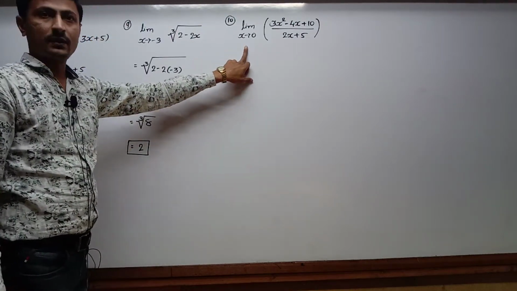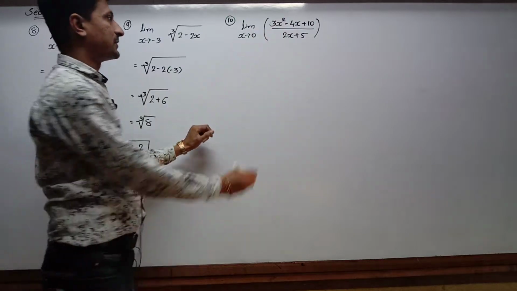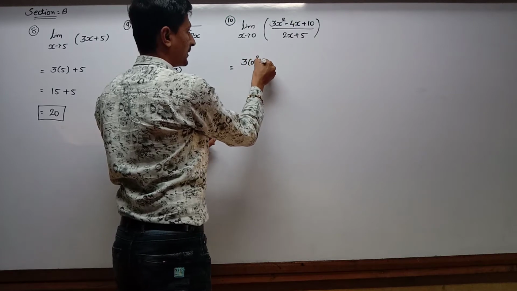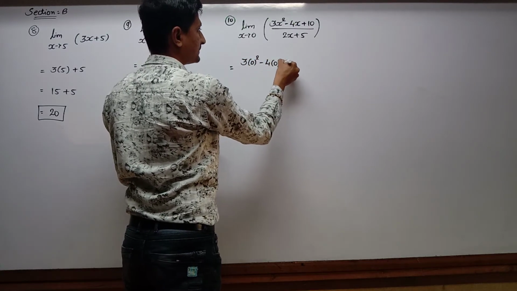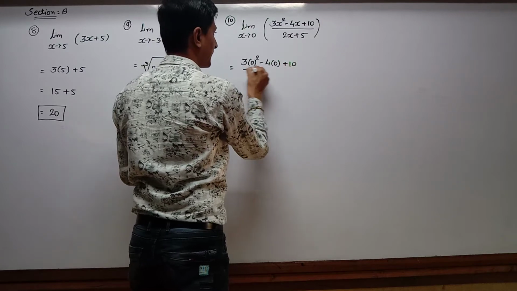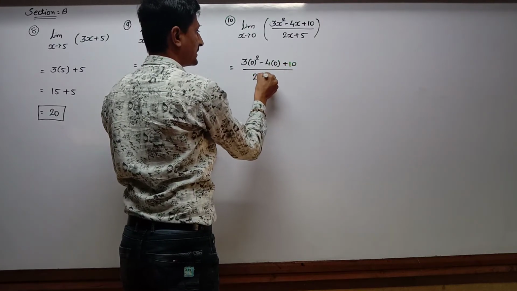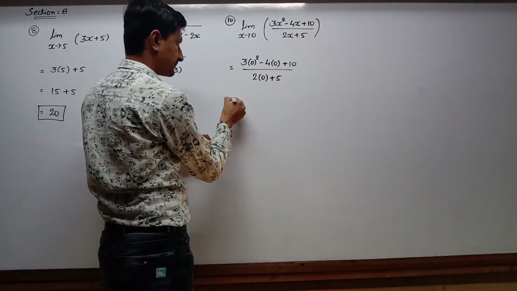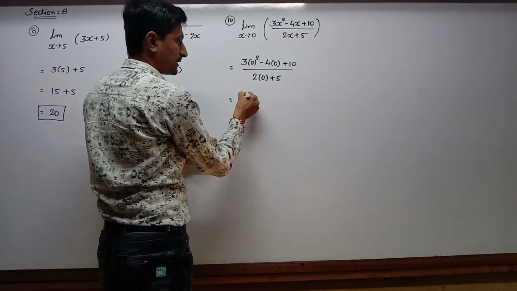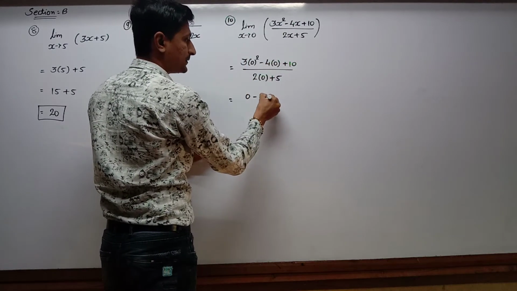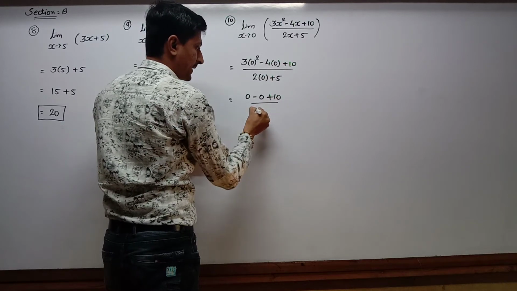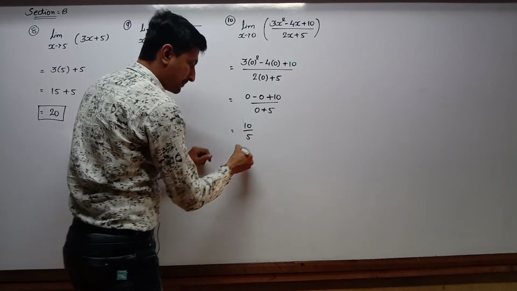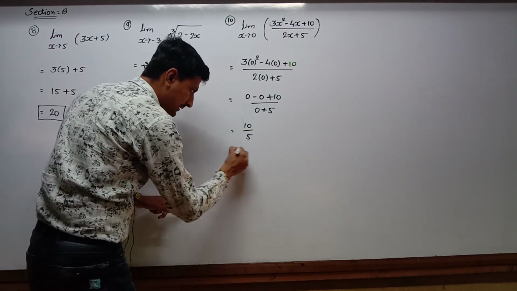Now next step, putting the value x tends to 0: in place of x, write 0. 3 in bracket 0 square minus 4 in bracket 0 plus 10, divided by 2 in bracket 0 plus 5. Now next step, 0 square is 0, 3 into 0 is 0, minus 4 into 0 is 0, plus 10, divided by 2 into 0 is 0, plus 5. Now next step, 10 by 5. Your answer is 2.